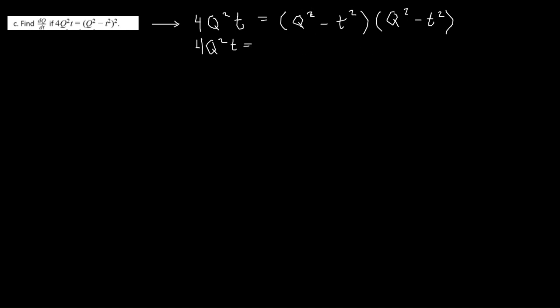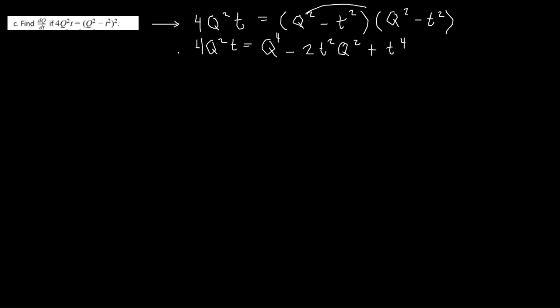We are going to multiply each of these terms like the FOIL method. This will become q to the power of 4 minus 2 t squared q squared, or q squared t squared, it really doesn't matter, plus t to the power of 4.